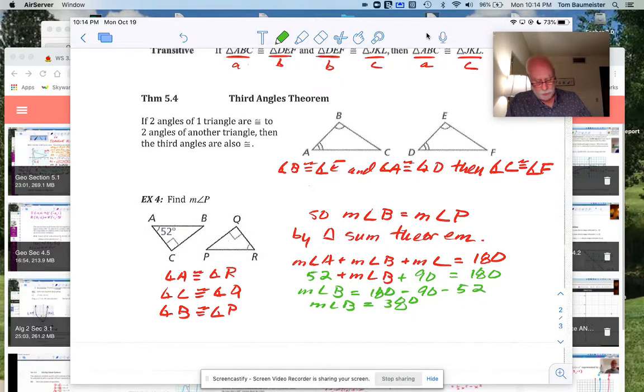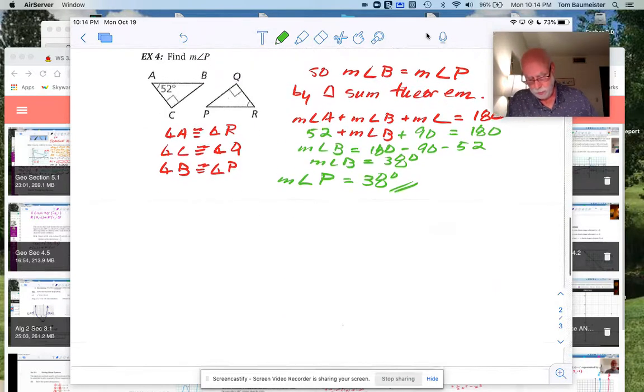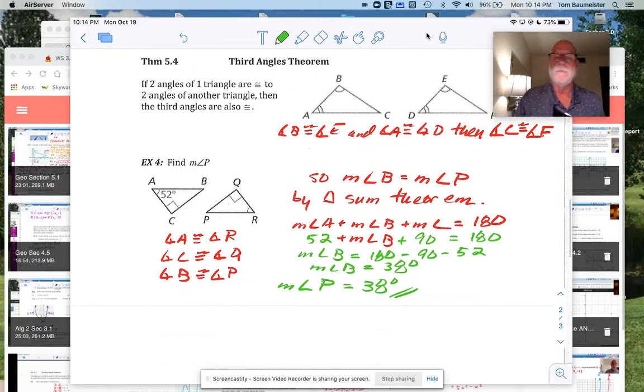So since the measure of angle B is equal to the measure of angle P, we can state that the measure of angle P is equal to 38 degrees. And that's just your algebra there, people. All right, so we're done.